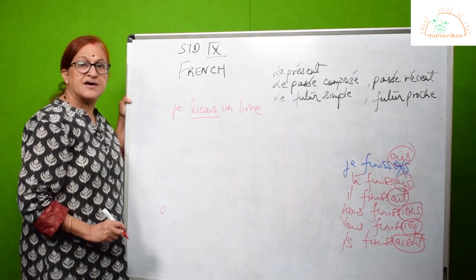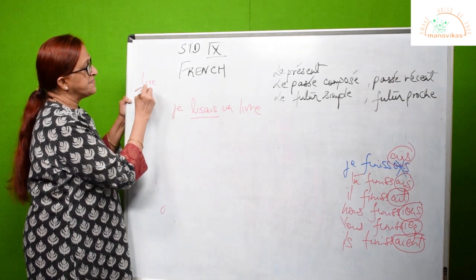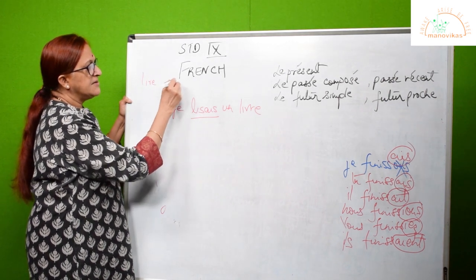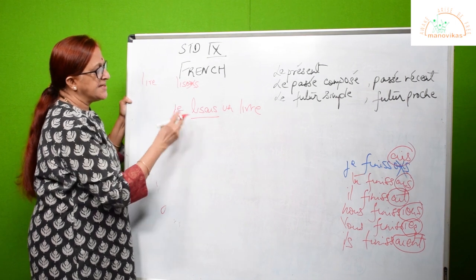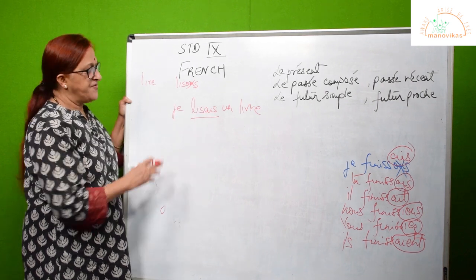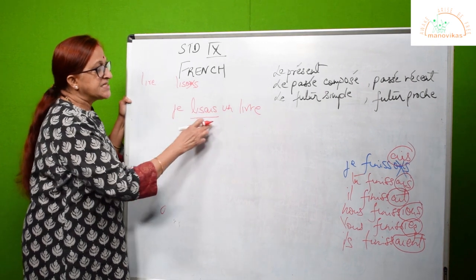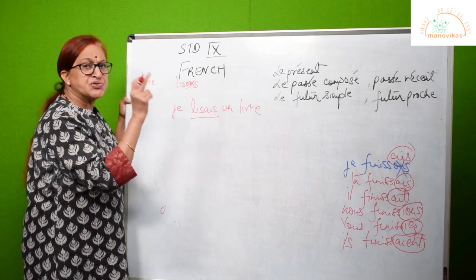Lire is to read. What is the nous form of lire? Lisons. So from that I have cut off the ONS and I am adding the endings of imperfect. Je lisais un livre. I was reading a book. This can also mean I used to read a book.